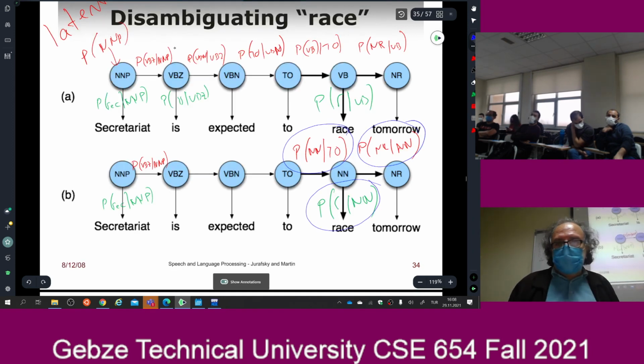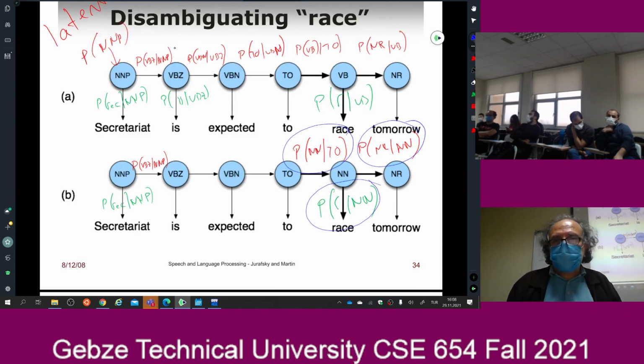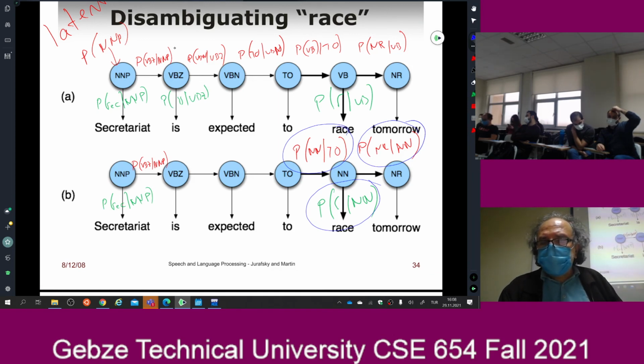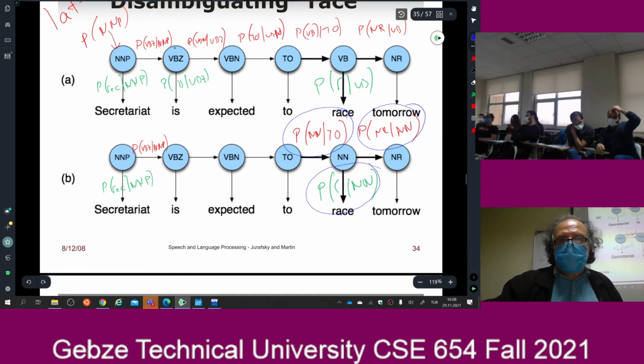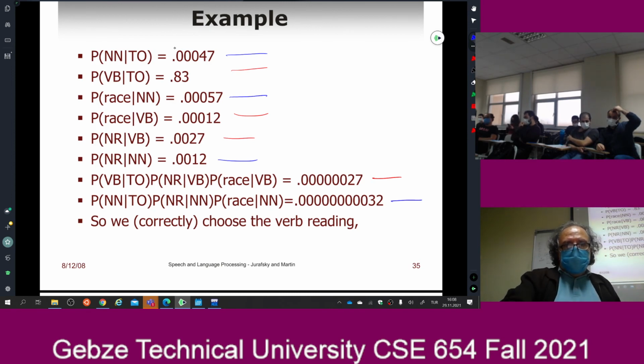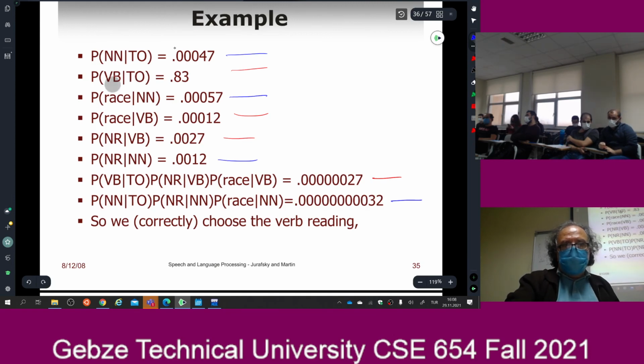Okay, so let me show it. Good. So this one is, given to, what is the probability of noun previously? Given noun, what is the probability of NR? What is NR? Adverb? Yeah, adverb. If we do that, this is what the book is doing. This one is 2 NN and 2 VB.